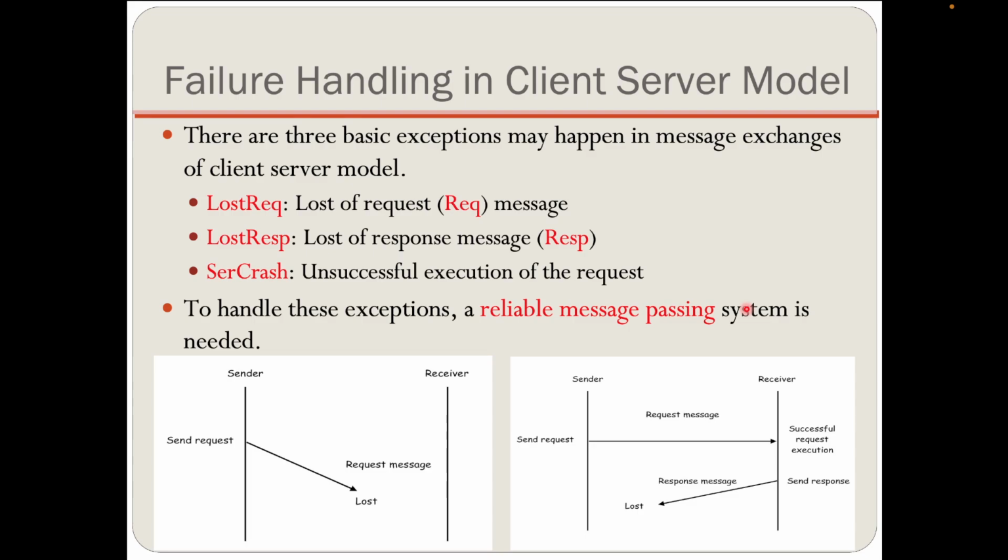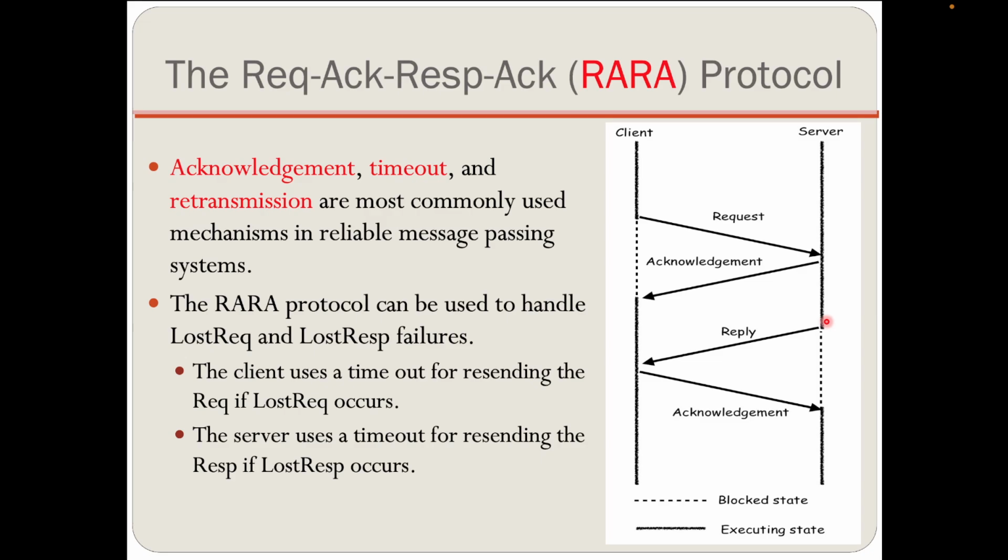The handshaking is something like this: the client sends a request, and the server, after receiving the request, first sends out an acknowledgement, then processes the request and eventually generates a reply. The client, after receiving the reply, also generates an acknowledgement back to the server. Here both server and client may need to block in these two places, waiting for acknowledgement.